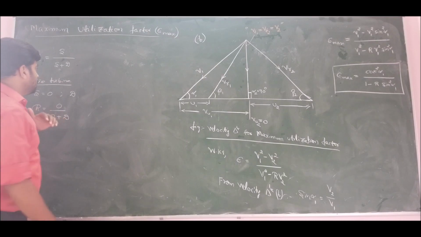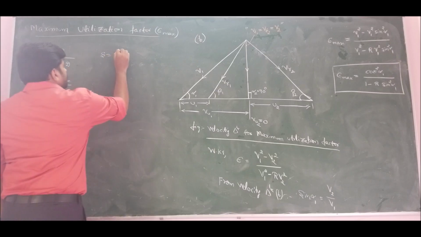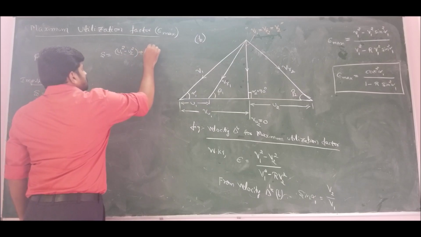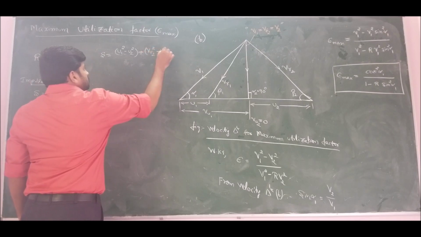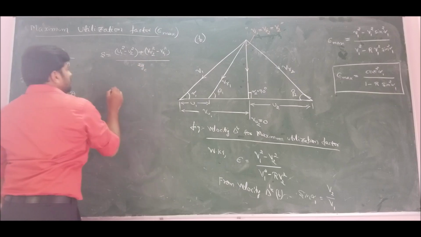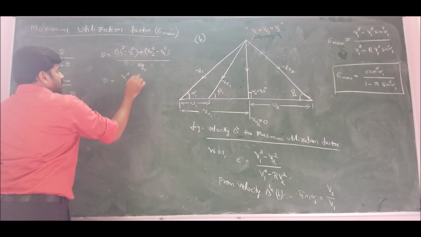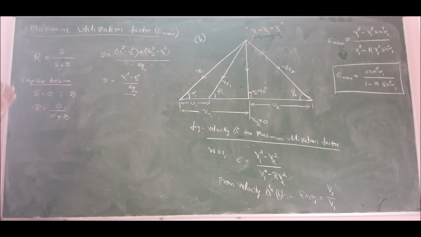For clarification I will write the static component and dynamic component. The static component is u1 square minus u2 square plus Vr2 square minus Vr1 square by 2gc, whereas the dynamic component is V1 square minus V2 square by 2gc. So now for an impulse turbine you will get R is equal to 0.